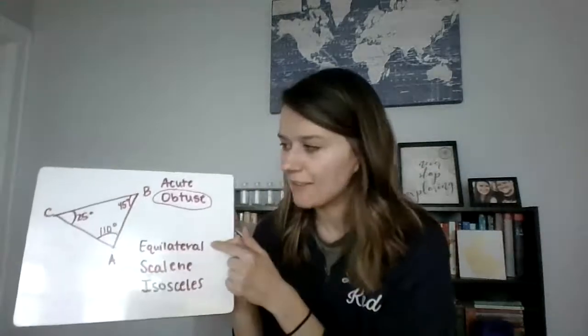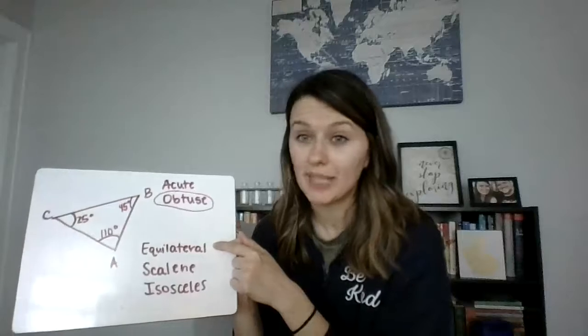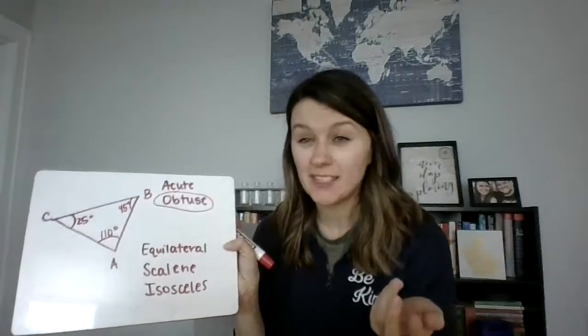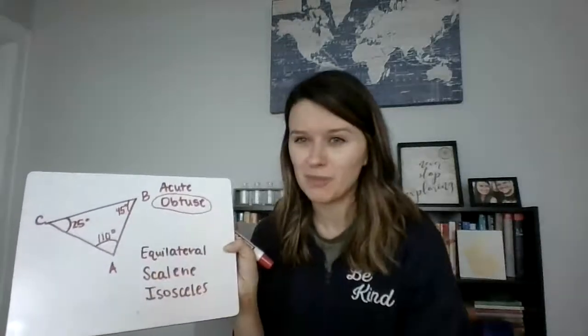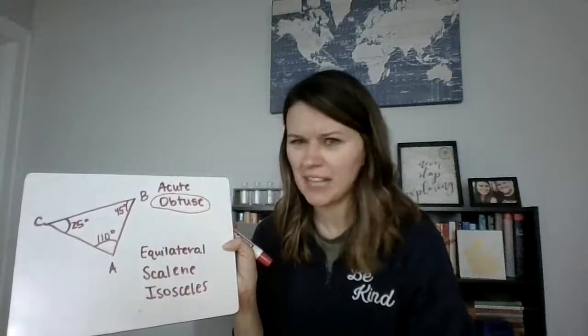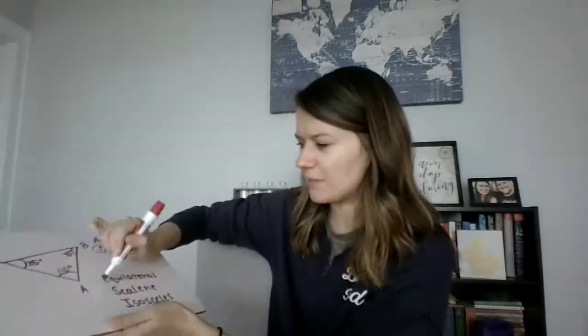Equilateral triangles have three sides that are the same length, and if all three sides of my triangle were the same, all three of my angle measurements would be the same, but I don't have that. So this can't be an equilateral triangle.